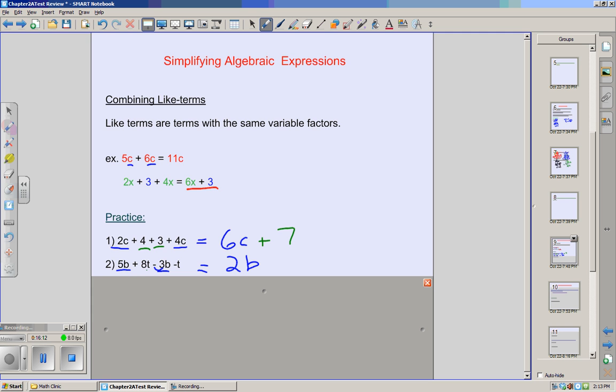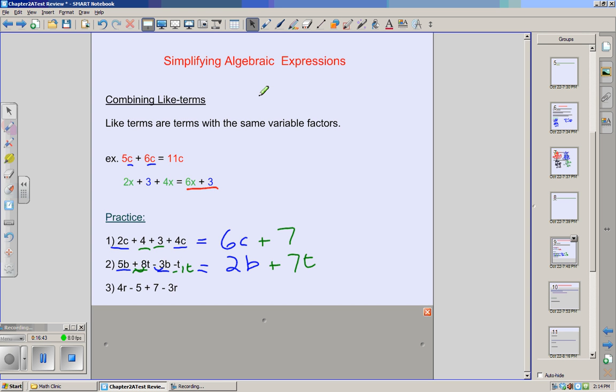I can look at my t's. Again, I look in front of the number. I see this is a positive 8t. Positive 8t minus t. When a variable is by itself, that is the equivalent to a 1t. If there's just a variable, we know that there is a 1 next to it. 8t minus t is a positive 7t.